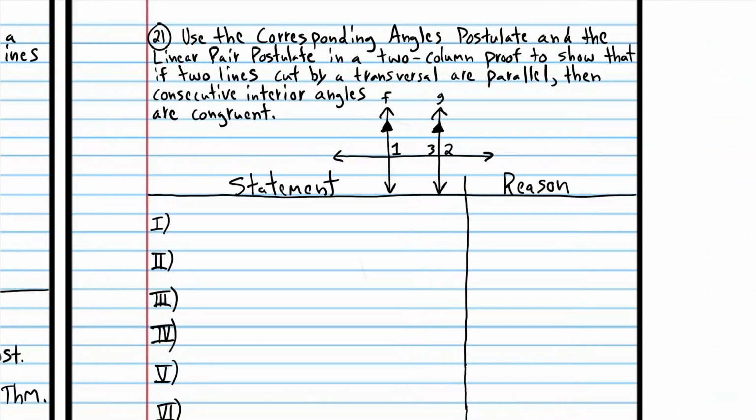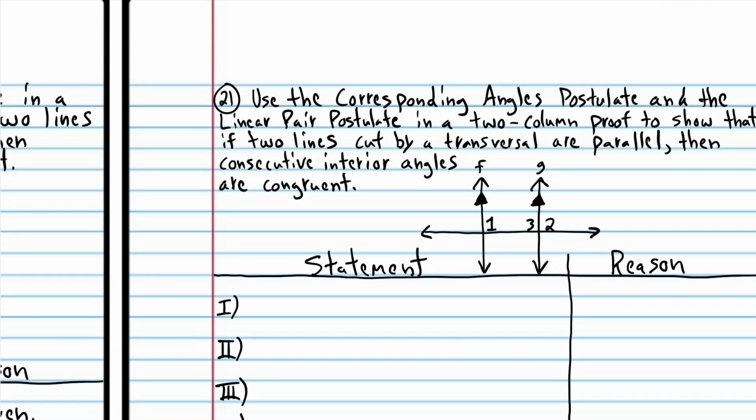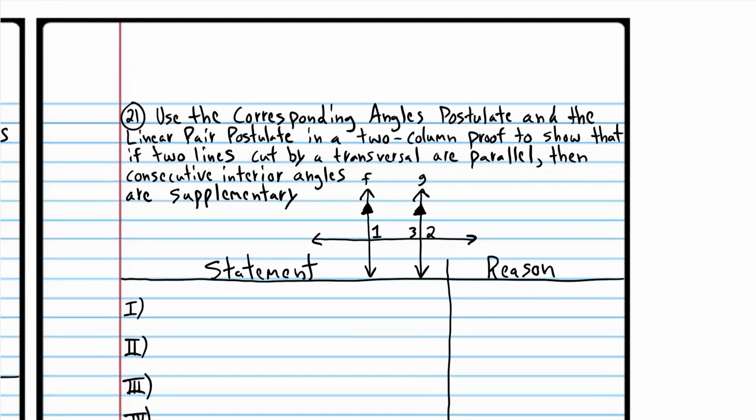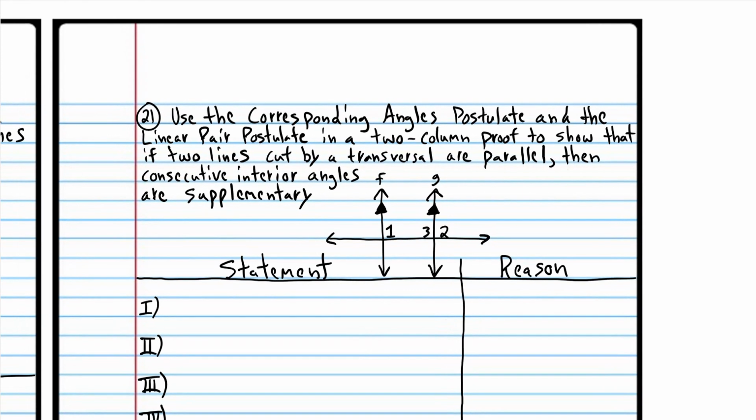Actually, that shouldn't be congruent. I'm sorry about that. That should be supplementary. So angle 1 and angle 3, they should add up to 180 degrees. They should be supplementary.